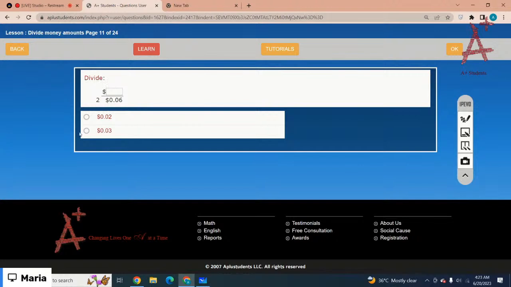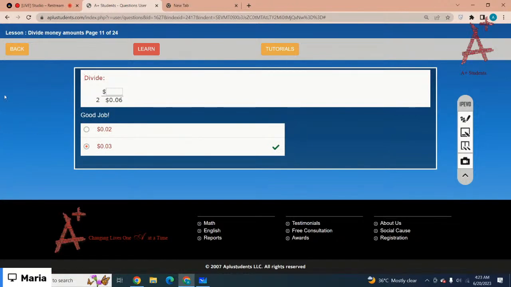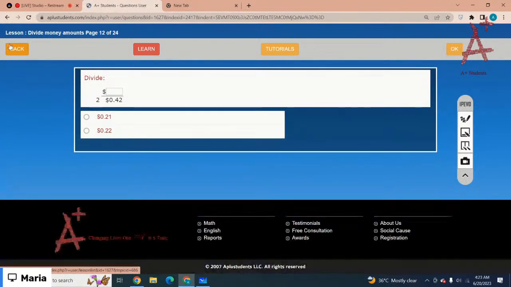Yes, that would be 2 times 3 is 6, so it would be 0.03. Got it? Okay, you can complete the test by yourself later today. Let me just move on to the next lesson.